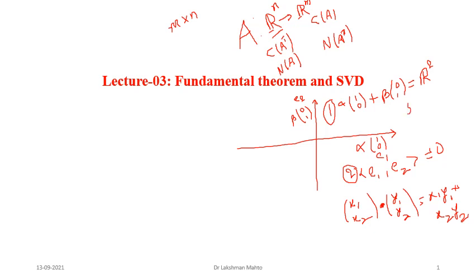In R2, if you are taking a basis having basis elements 1 0 and 0 1, then we call that basis a standard basis. So if you define the dot product this way, you are simply relying on a standard basis.